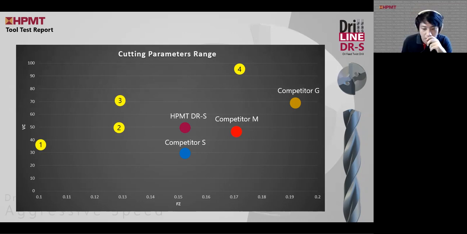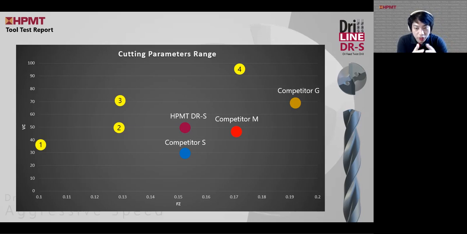But I think there's also a poll question here, isn't there? We have a question from R&D wanting to find out whether this range of cutting parameters on the graph, which is what we're using the DRS to benchmark, is the same as the range you would speak to with your customers.